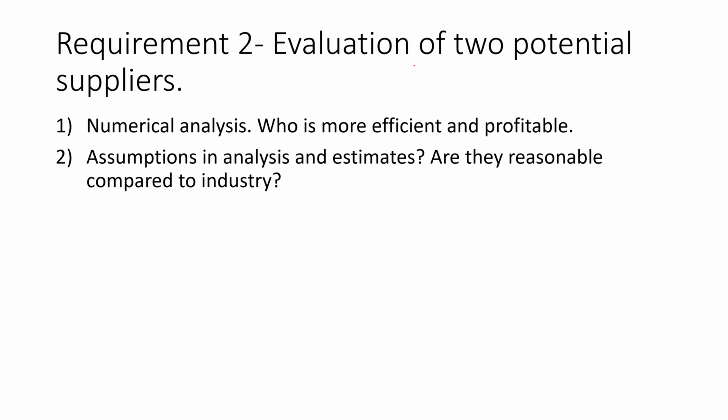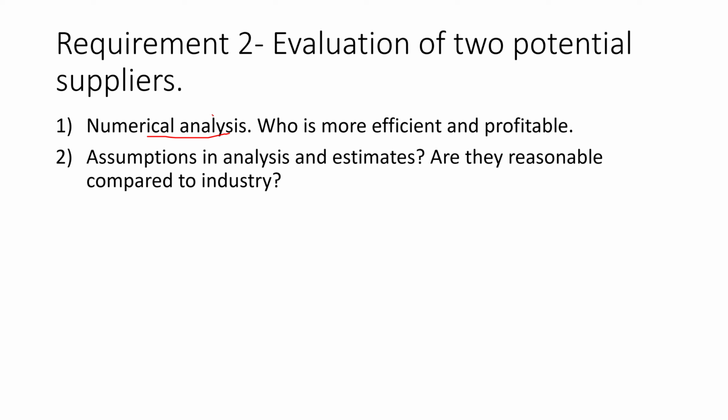Okay, the next requirement is normally to do with evaluating two potential suppliers. This is just an example of one that can come up, or evaluating two proposals. So because obviously it's accounting, there's going to be some numerical analysis, and each company will have a way of evaluating its suppliers.